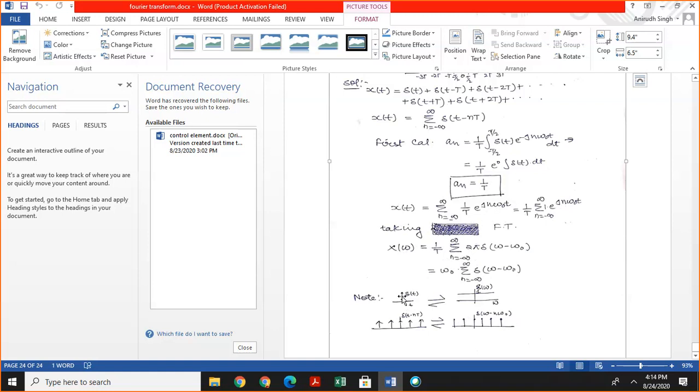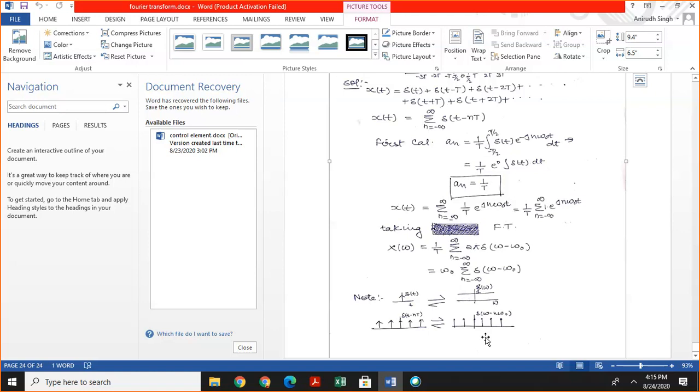This impulse function is an aperiodic function. The Fourier transform of this impulse function is simply a DC value whose magnitude is 1. Clear? And if this aperiodic signal is converted into a periodic signal, then its Fourier transform is simply the sampling of, or samples of, this function.